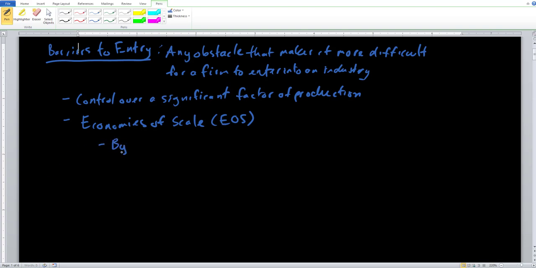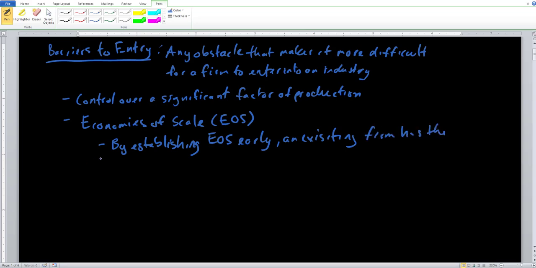So by establishing EOS early, so economies of scale early, an existing firm has the ability to underprice new competition.